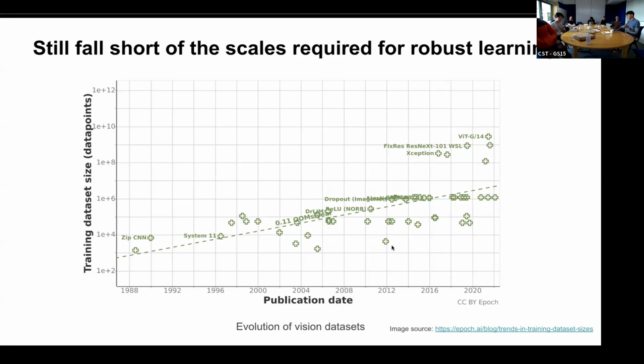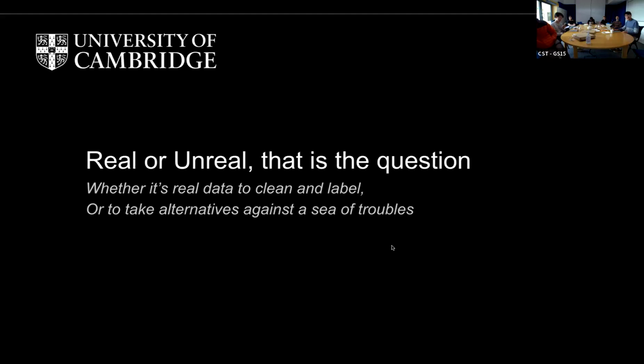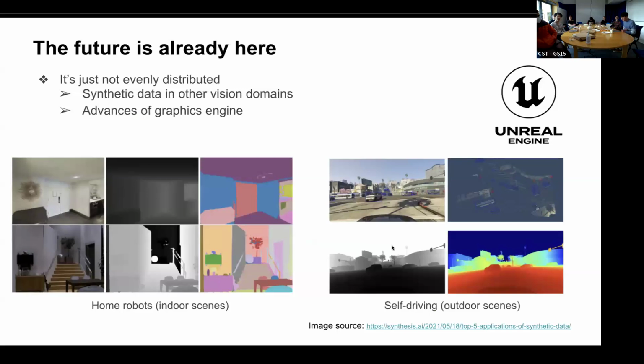The data is really important, but collecting it is very, very time consuming, and the scale still falls short for robust learning. So I think it's like real or unreal, that is the question. Whether we keep working on real data to clean and label, or take an alternative, to take arms against a sea of troubles.